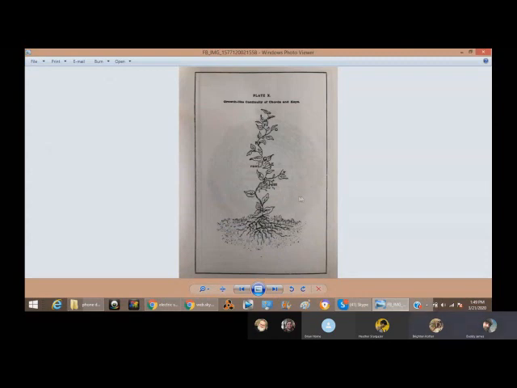I like talking about that. Go ahead. A concept of why plants show phi spirals in their growth systems.